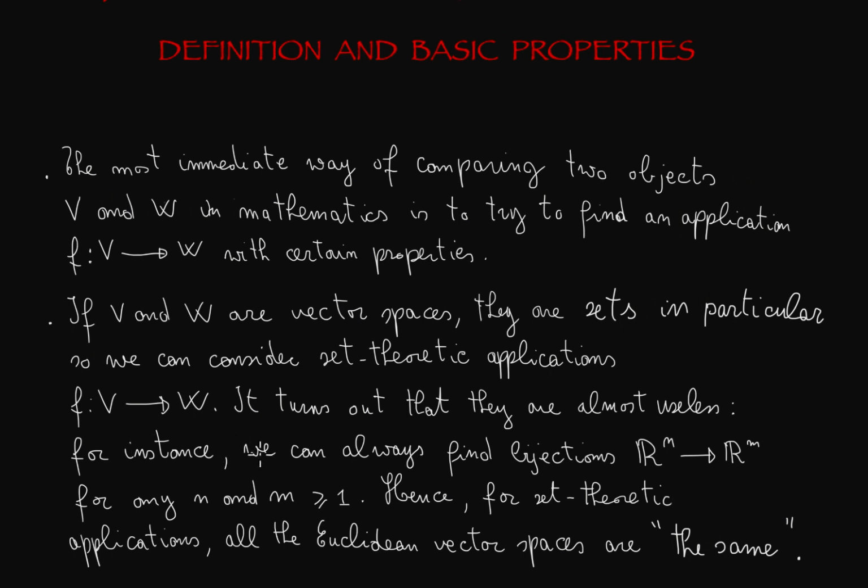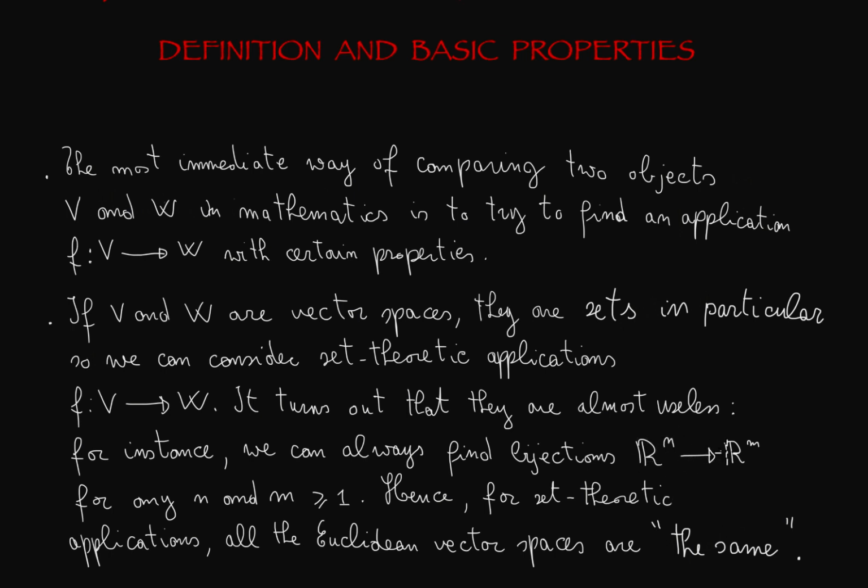For instance, we can always find a bijection between Rn and Rm for any n and m greater or equal than 1. Hence, for set theoretic applications, all Euclidean vector spaces are virtually the same, meaning by the same that we can find a bijection between the two sets.